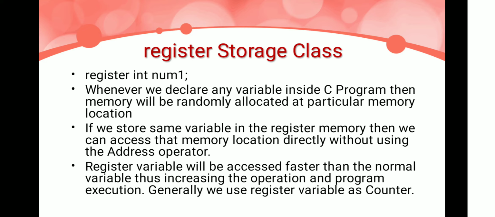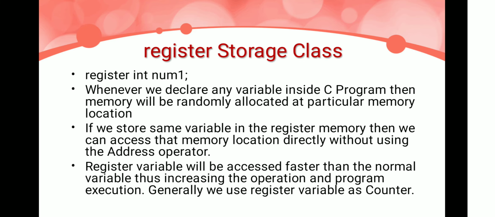The basic difference between auto and register is that in auto the memory will be allocated in a random place where we don't know, whereas for register the memory is going to be allocated within the CPU register memory. So if I want to get the address of a normal variable, I can get it, but if I want to get the address of the register variable, I cannot, because the variable is going to be stored inside a CPU register.